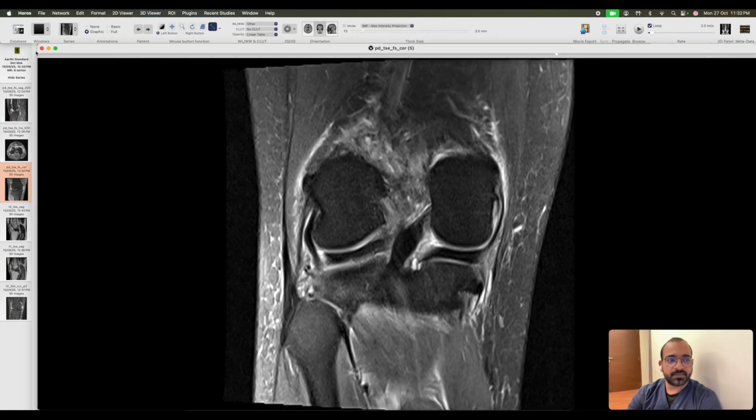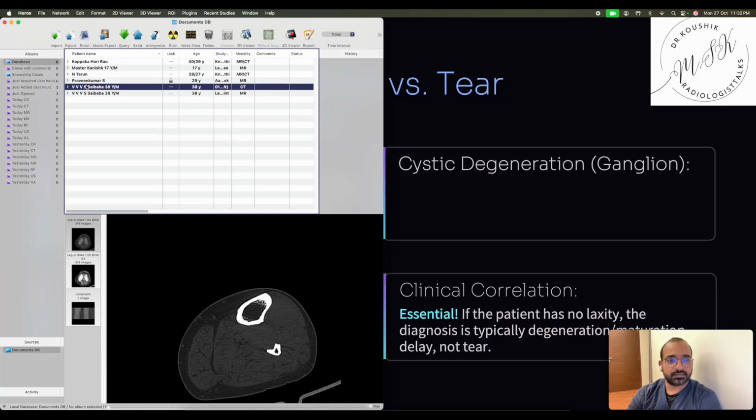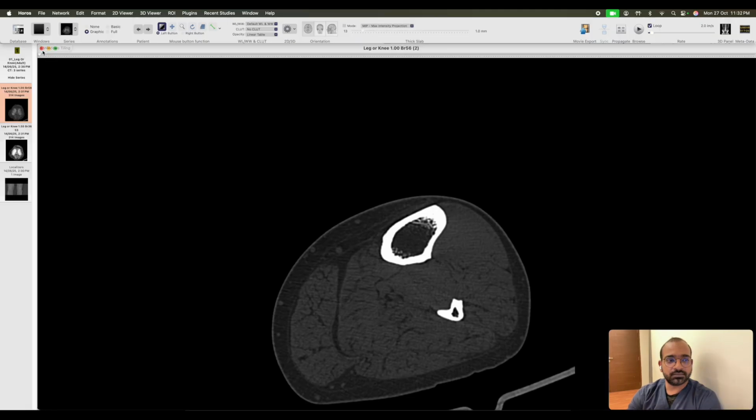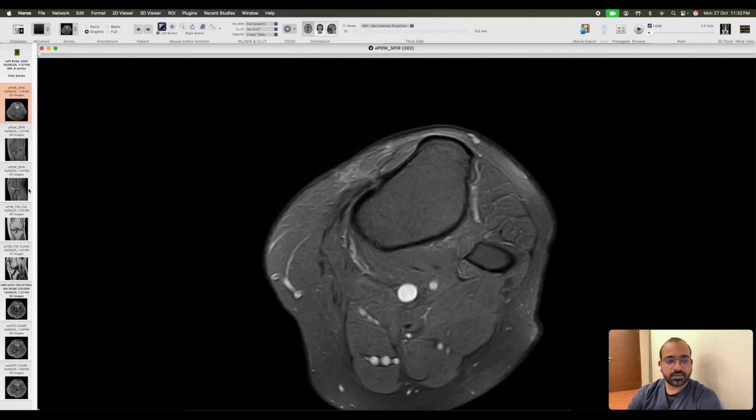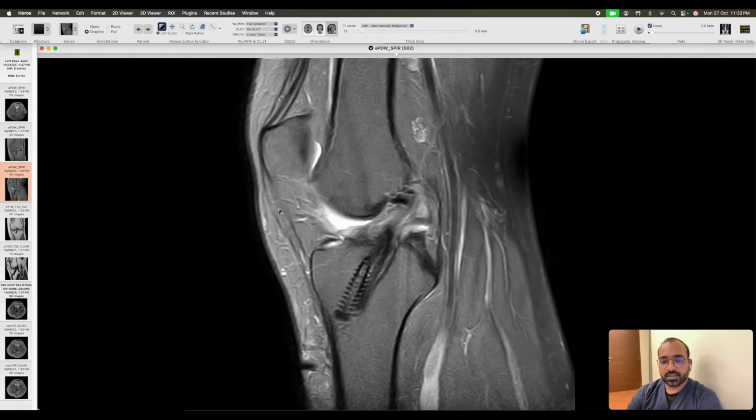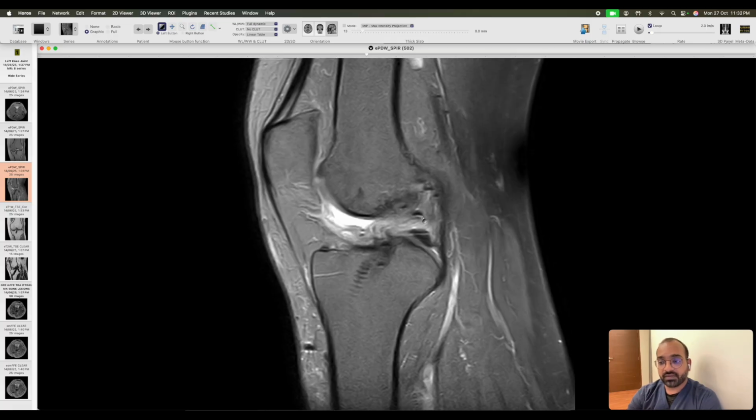I'll show you one more case. So in this case, I wanted to show you, see the ACL, it is wavy, okay? The anterior cruciate ligament graft is wavy. So that indicates there is some graft tear.